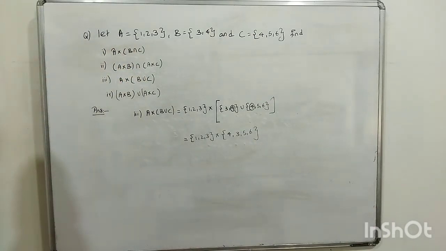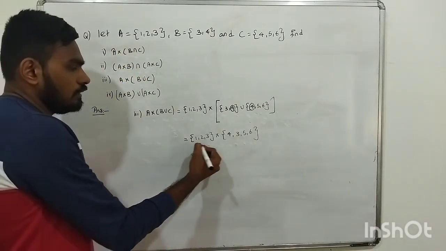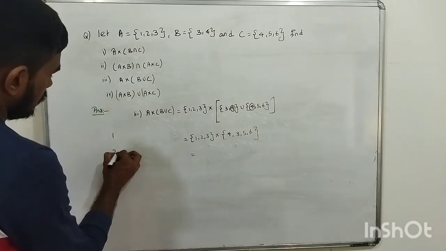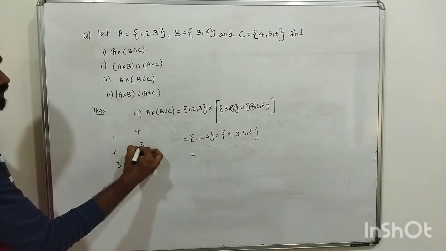Now we can find the cross product of {1, 2, 3} with {3, 4, 5, 6}.